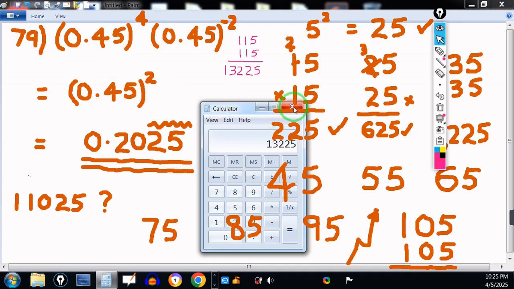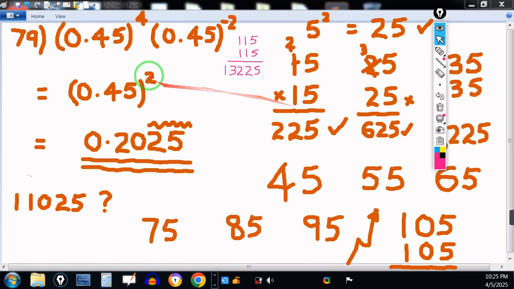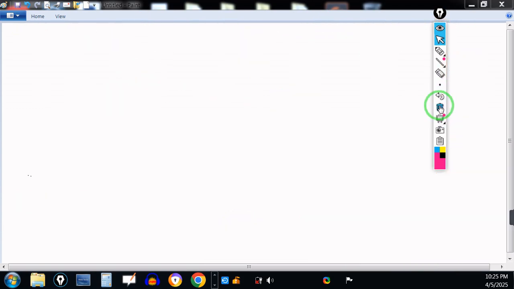Let's go to 80. Let me close this. Let's go to 80. Take another color. Why don't I do black this time around and take bigger? 80, I need this dip.